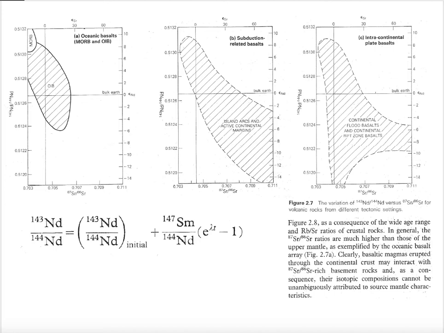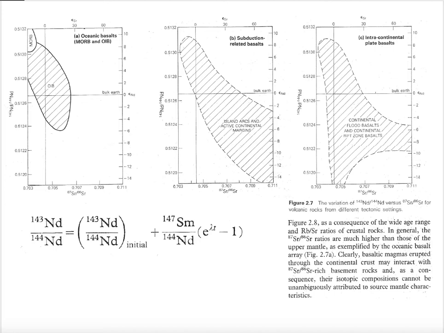Here, for example, we have 3 figures. On the y-axis we always have the neodymium 143 to 144 ratio, and on the x-axis we have 87 to 86 strontium, which has been calculated, yeah?